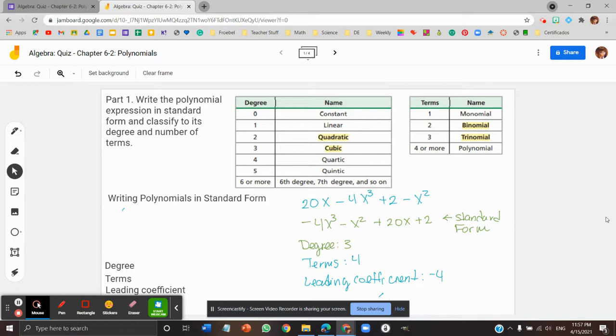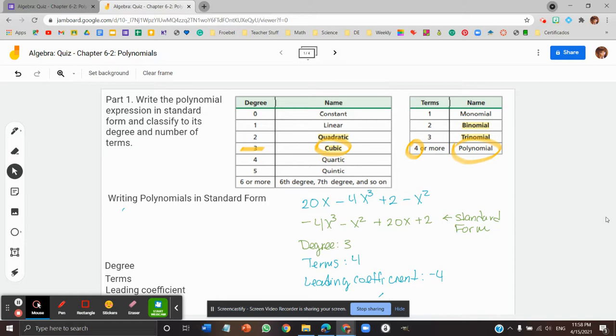Now, how can I name this polynomial? Well, I have a degree of 3, so I'm going to have a cubic. It's going to be a cubic something. How many terms do I have? I have 4 terms. For 4 or more terms, we call it a polynomial.